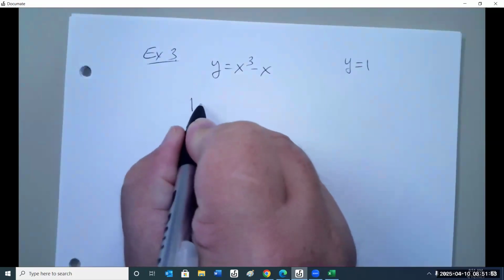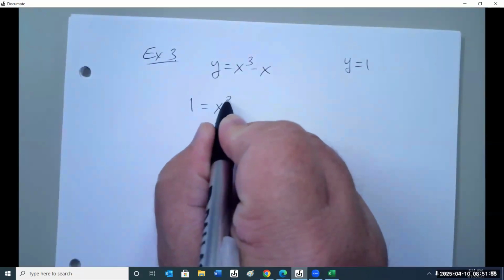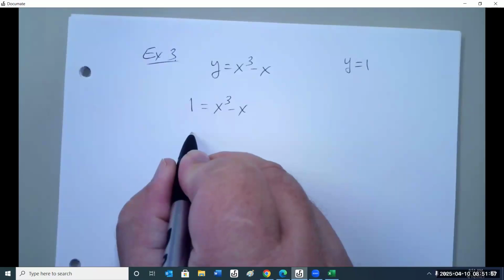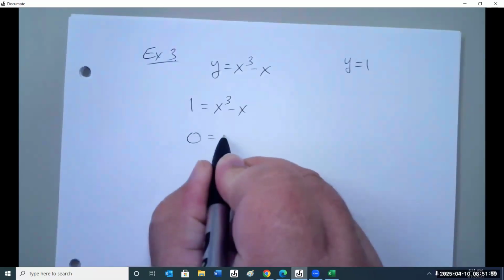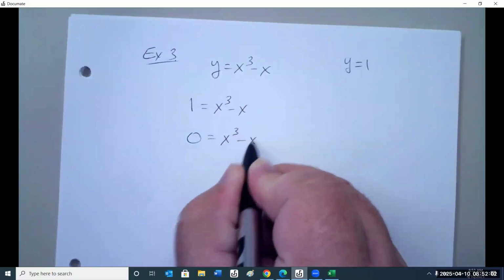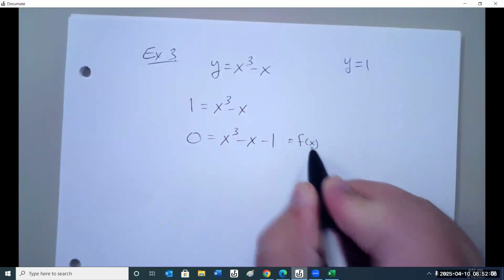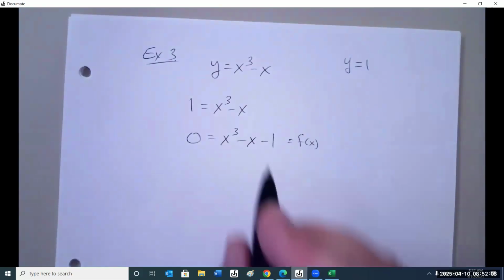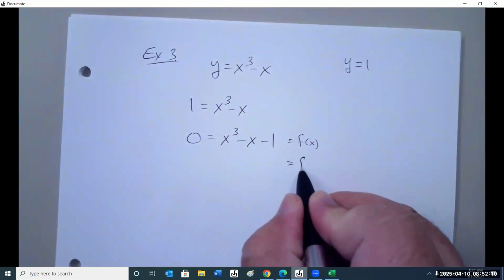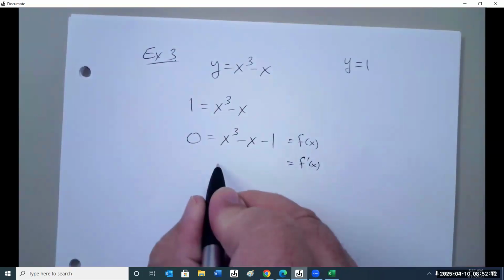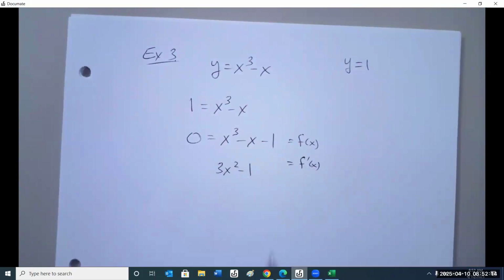So this is in essence our f of x. So our f prime of x is going to be 3x squared minus 1.